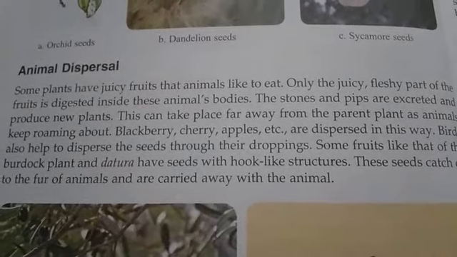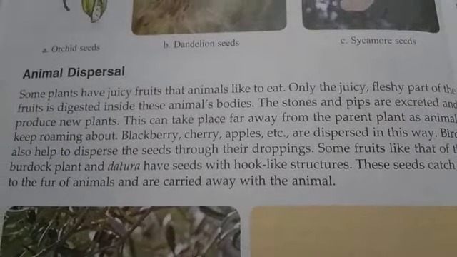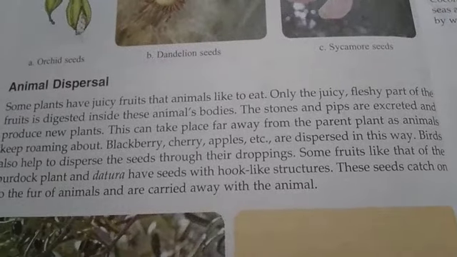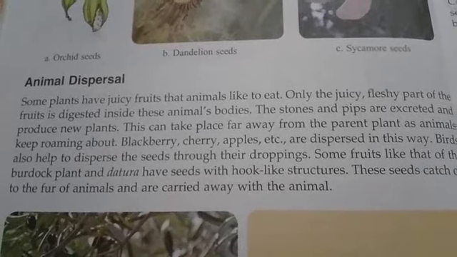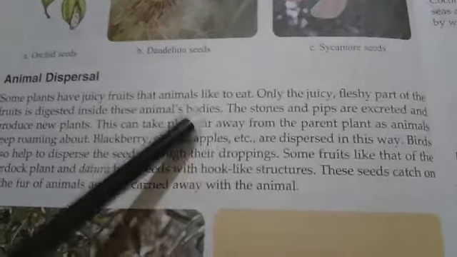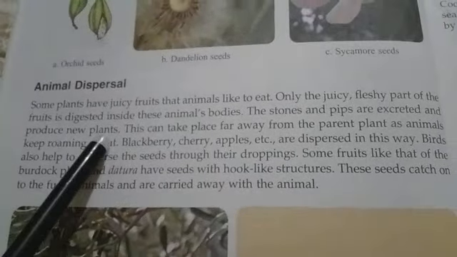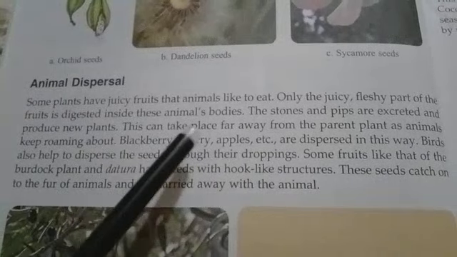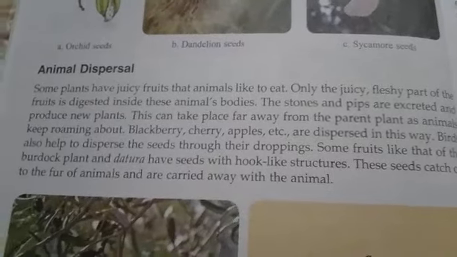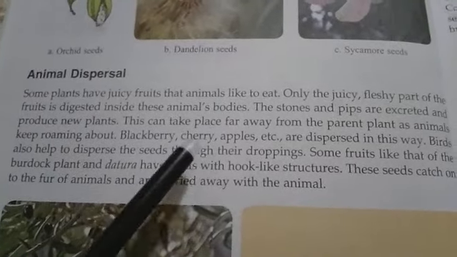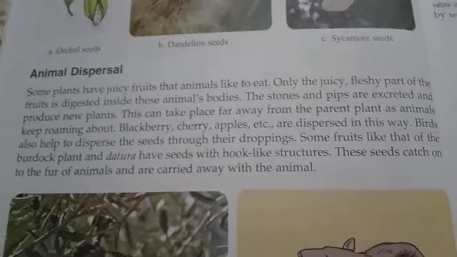So, animals eat the whole fruits, and only the fleshy part is digested, and the stones and pips are excreted and produce new plants. This can take place far away from the parent plant as animals keep roaming about. Blackberry, cherry, apples, etc. are dispersed in this way.